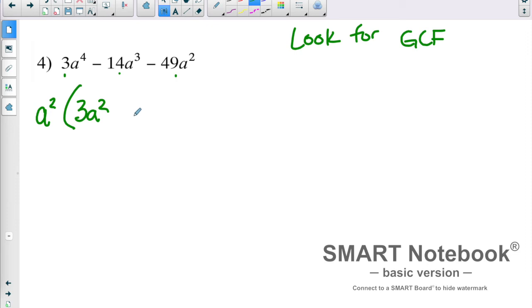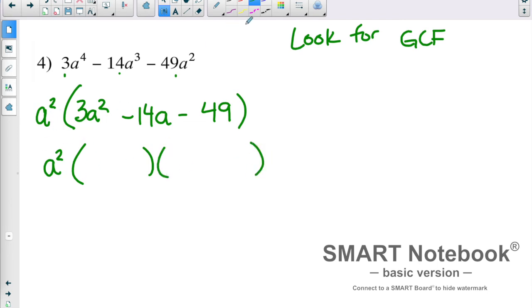So that would leave me with a 3a squared minus 14a minus 49. That a squared is a factor. It's the greatest common factor, but it is going to hang out front while we try to continue factoring this quadratic expression.